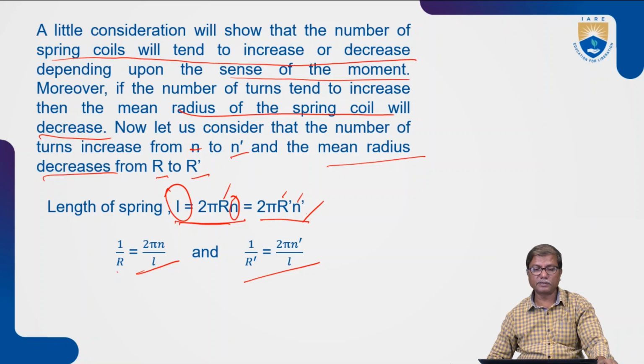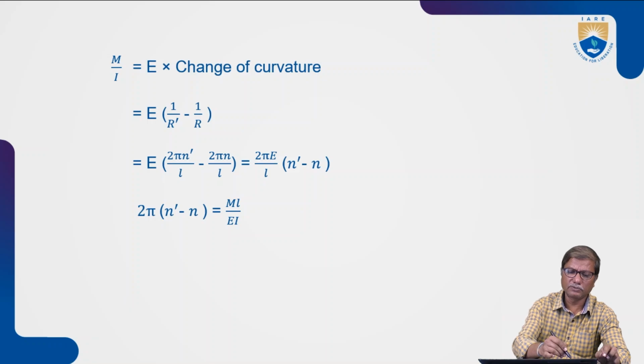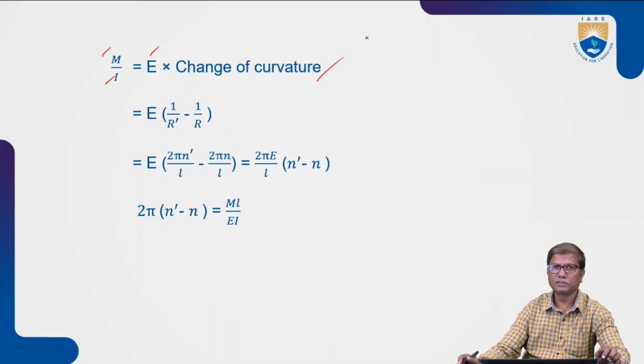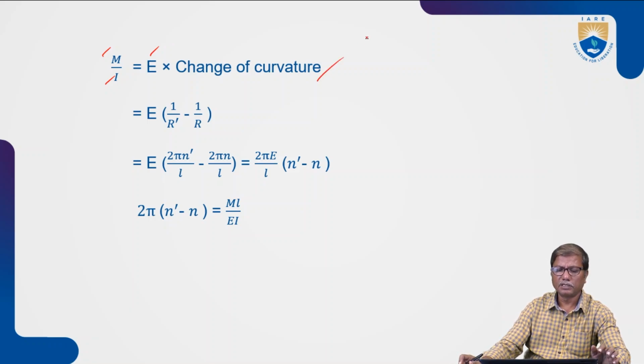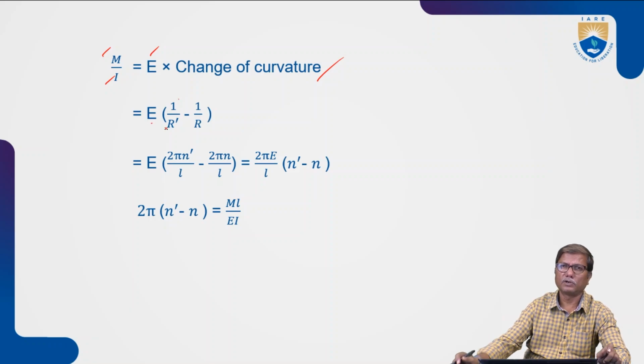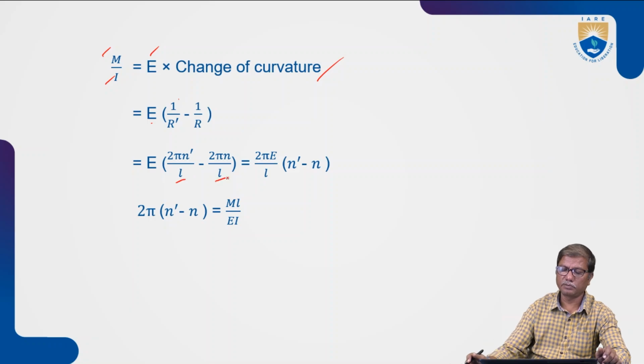Now from the bending equation, m by I is equal to E by R. So E into change in curvature 1 by R dash minus 1 by R, that is E into 2 pi n dash by L minus 2 pi n by L.